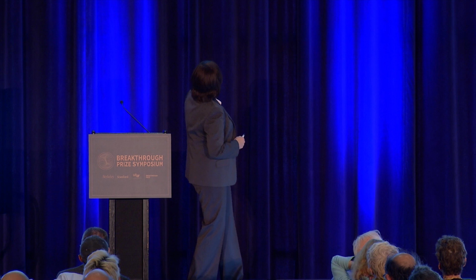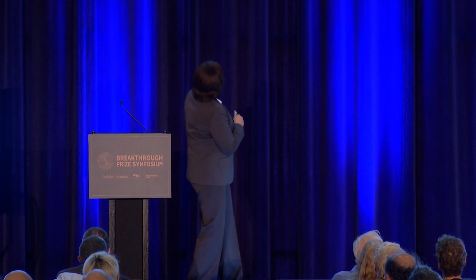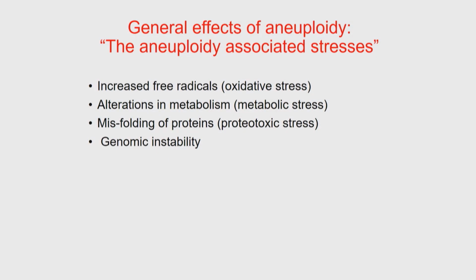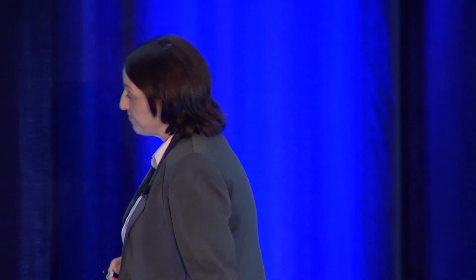What are these phenotypes? They are basically increased free radicals, or what we call in the field oxidative stress. There are significant alterations in the metabolism, increased misfolding of proteins, and genomic instability, meaning that they no longer faithfully copy and segregate their chromosomes accurately.